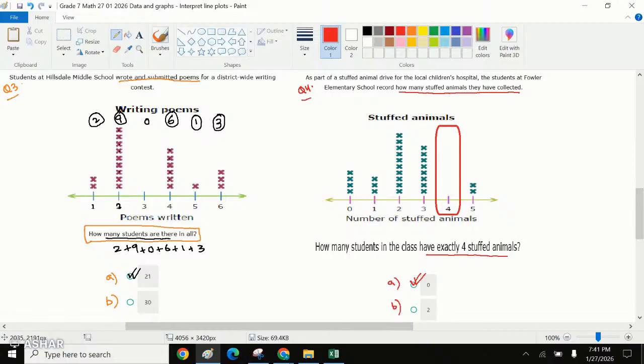Thank you, Prem. So they are not asking us less than 4. If they would be asking less than 4, then we take 0, 1, 2, 3. If they're asking more than 4, then we take 5 only. But the term used was exactly 4. So 4 was done by 0 people, right? There were no markings.